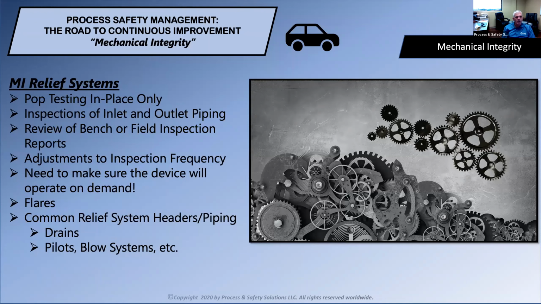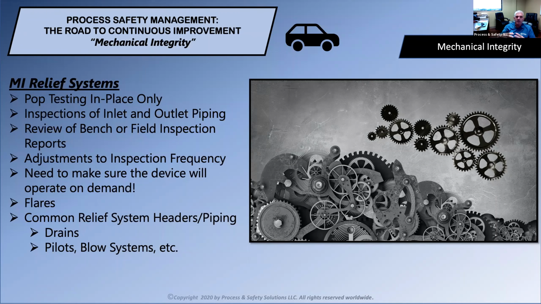So MI on relief systems, and we see this quite often, is pop testing in place only. Well, when you do a pop test in place only, all you're looking at is whether or not the actual device lifts at the proper pressure. It doesn't tell you whether or not the relief device has internal damage that would limit the capacity that the relief device could actually attain should it be called upon for use.